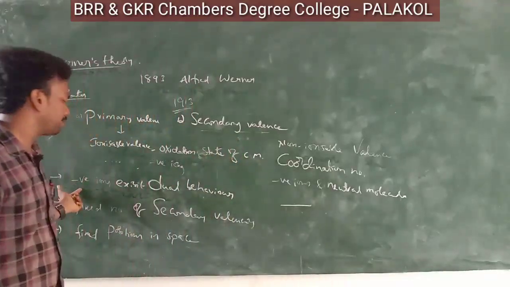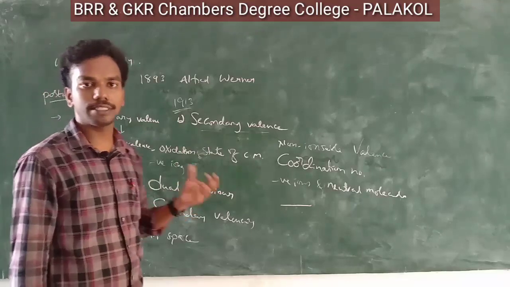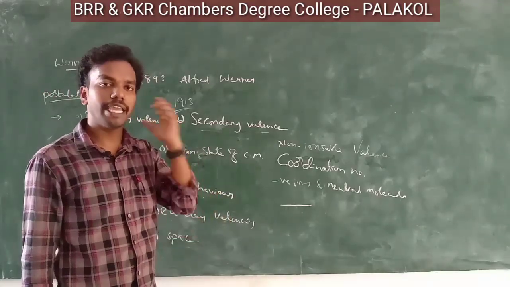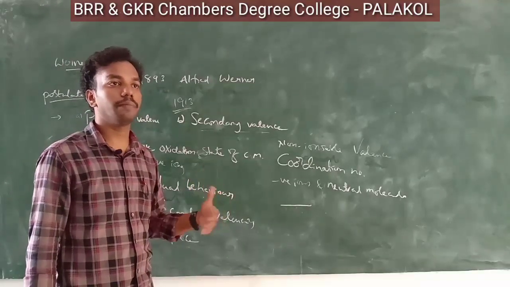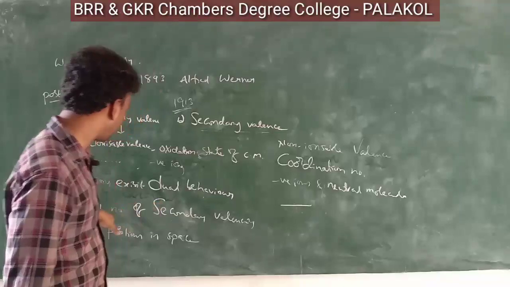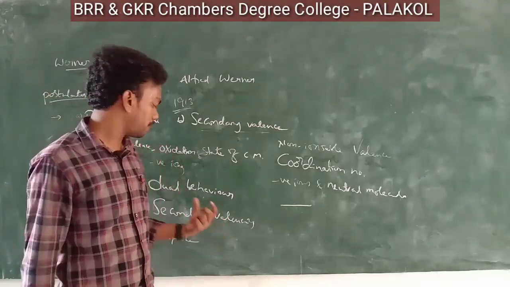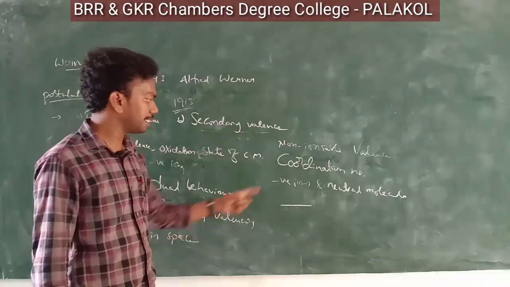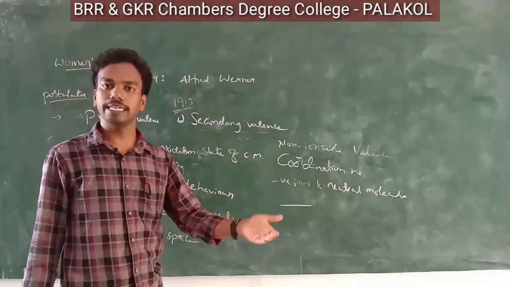The second point: negative ions often exhibit dual behavior. That means in some cases they may satisfy both primary valency and secondary valency. The third point: every metal atom has a fixed number of secondary valencies, because secondary valency is the coordination number. So the coordination number is fixed, either 4, 5, 6 or 3.